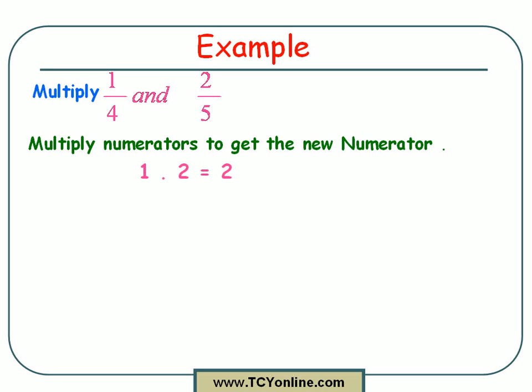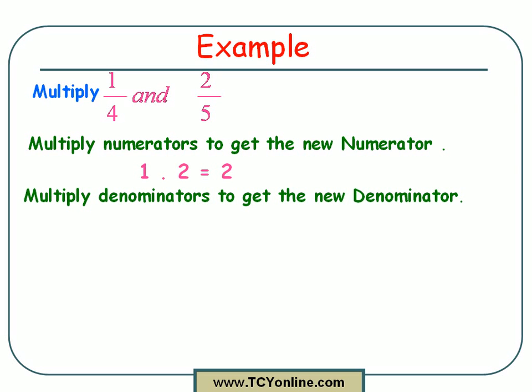So 1 times 2 will simply give 2, which is our new numerator. Now multiply the denominators to get the new denominator. So 4 times 5 will give 20, which is our new denominator. So the new fraction is simply 2 over 20.